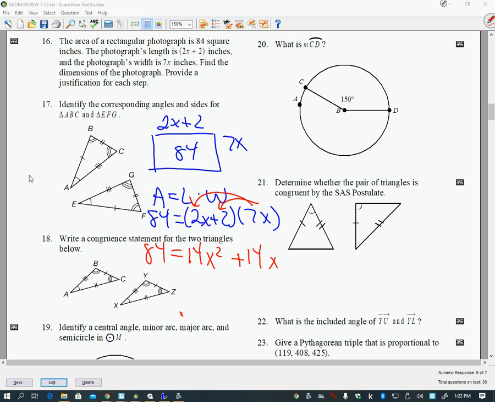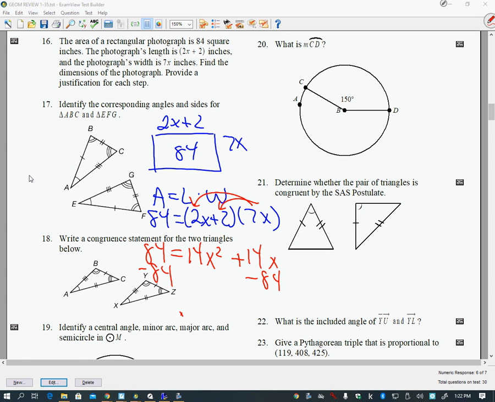All right, what I should see here is that I have a quadratic equation, or the beginnings of a quadratic equation. It's not in quadratic form because the 84 is on the other side of the equal sign. For me to have a quadratic equation, what does it have to be equal to? It has to be equal to 0. So I need to move the 84 over. How do I move it? We would call that the subtraction property of equality.